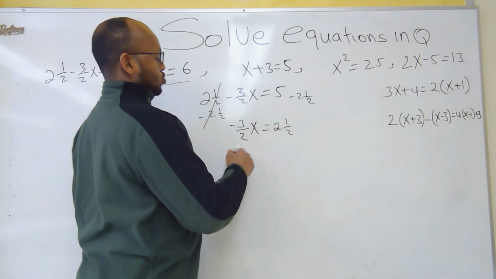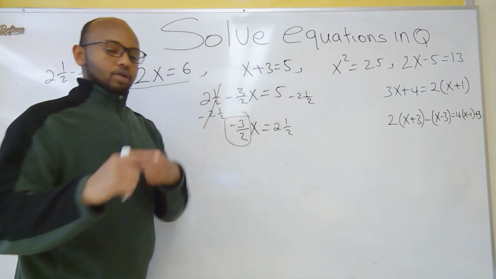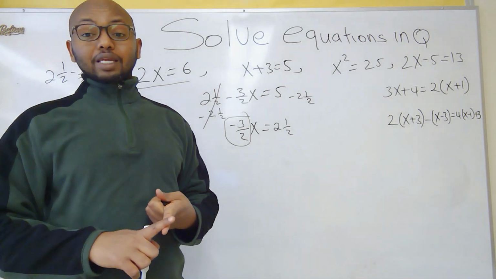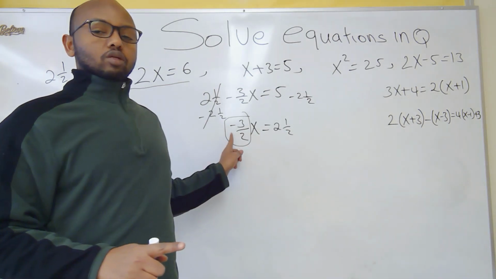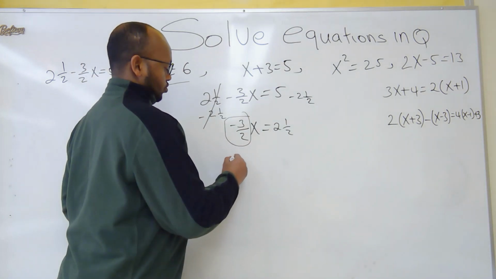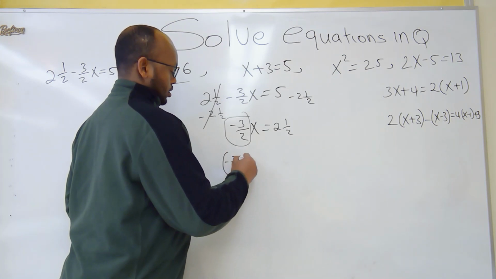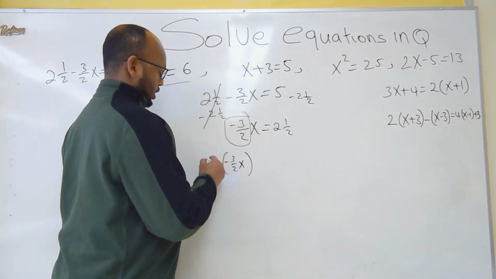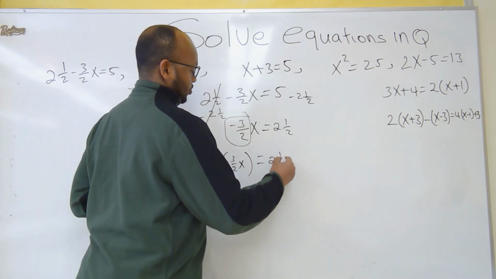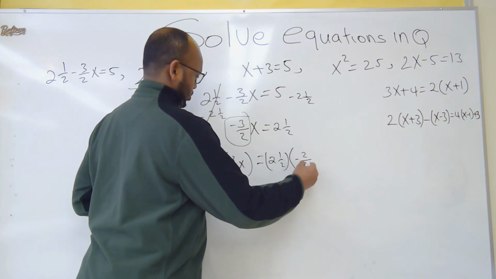Now we have to multiply by the reciprocal of this number 3/2, with a minus, because we need to isolate the negative sign here also. So we multiply by negative 2/3 here, and here also I multiply 2 and a half by negative 2/3.